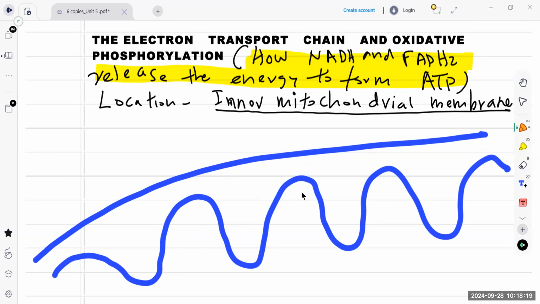As you know, these membranes are phospholipid bilayers, and phospholipid bilayers also contain embedded proteins. Here I am going to show you a protein complex which is embedded in the inner mitochondrial membrane.